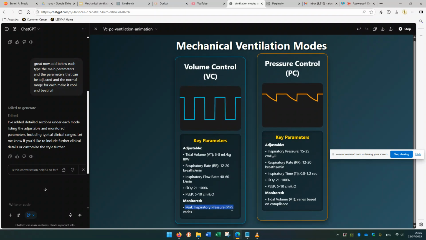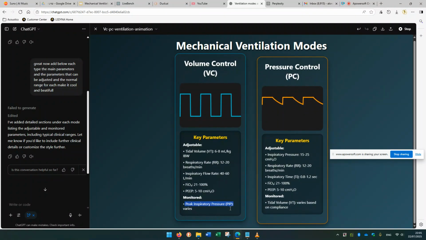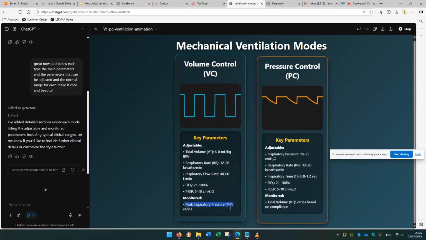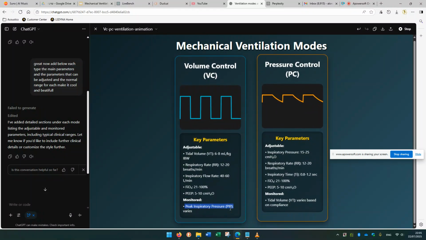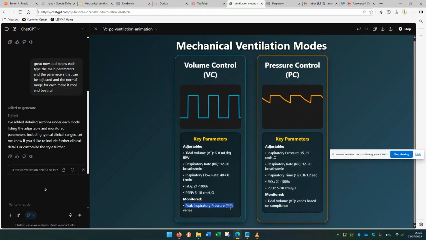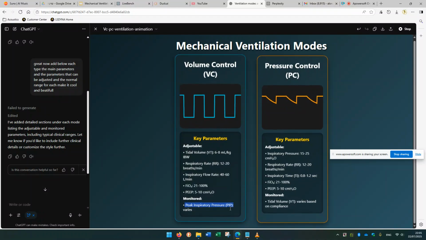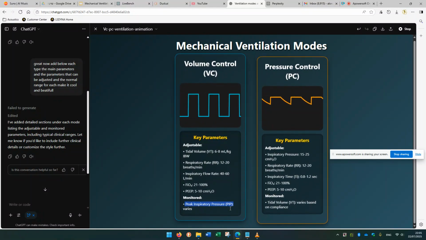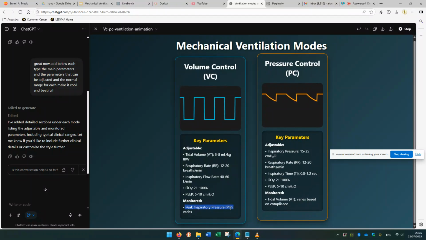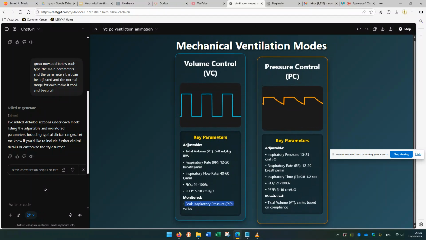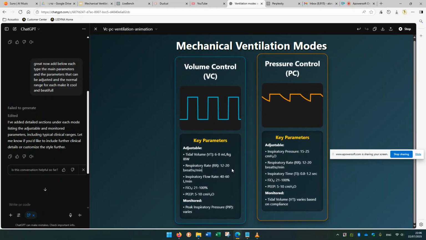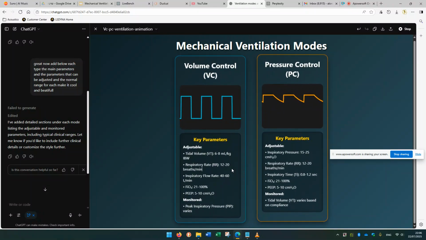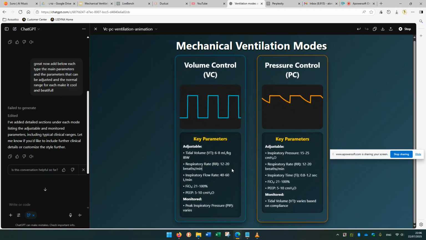I don't want the pressure to be too high, because if it is more than 30, 40 centimeters of water, there may be barotrauma, there may be pneumothorax. So I need to see that the pressure is not too high. And in volume control, I cannot set the pressure, I need to monitor it. This is the volume control ventilation. This is one of the basic ways to ventilate a patient. Very, very common.